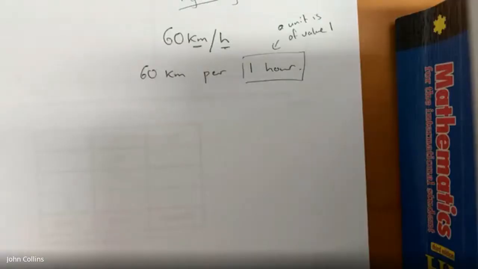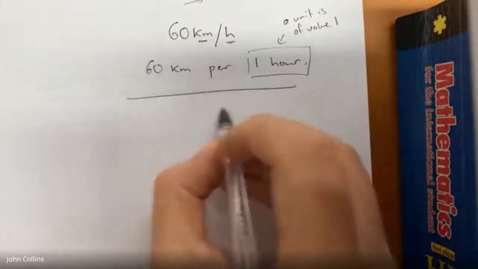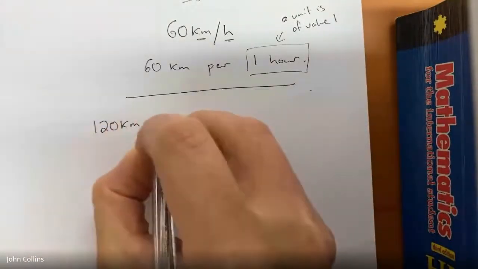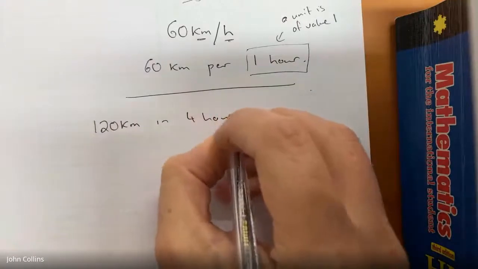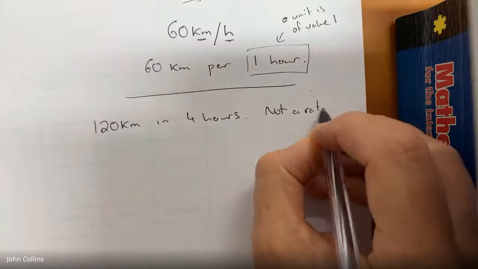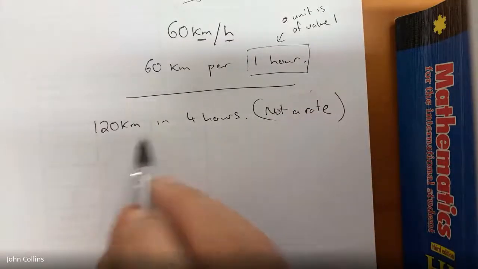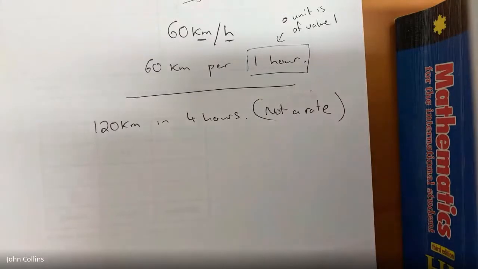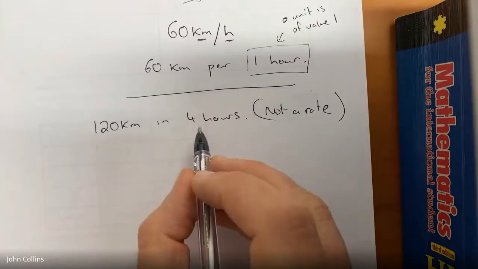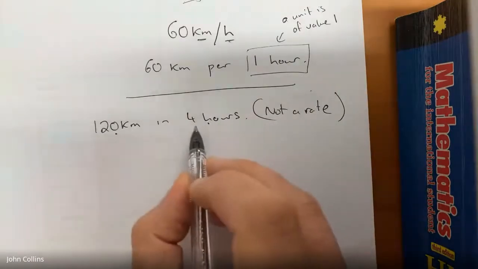Okay. So that means a statement like this. If I travel 120 kilometers in 4 hours, that is not a rate at the moment, the way it's written, because neither of these are in one per unit, 1 unit. But I know if I divide by 4, if I divide one into the other, I would get hours down to 1.